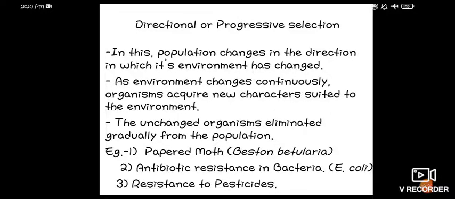This is one kind of selection where the population changes in the direction in which the environment has changed, or we can simply say the population changes direction according to the environment. So as the environment changes, the organism modifies or changes its characters and is able to survive in the particular habitat or environment.